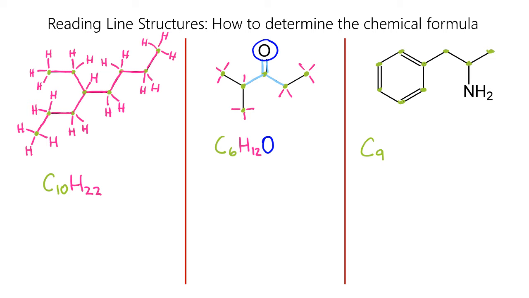In counting our hydrogens, we know that carbon can have up to 4 bonds. So there would be 1, 2, 3, 4, 5, 6, 7, 8, 9, 10, 11, 12, 13 hydrogens. Notice how on this carbon I did not put a pink notch to represent where a hydrogen would be, because there would be no hydrogen there.